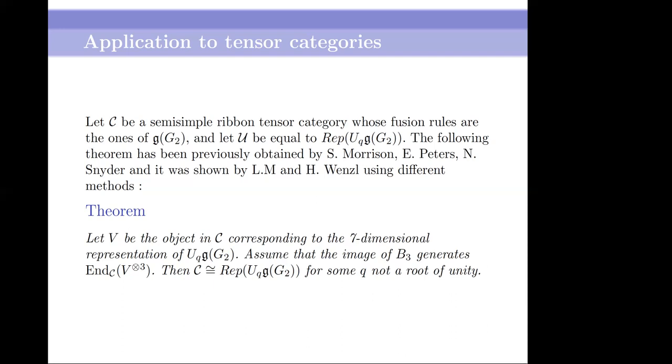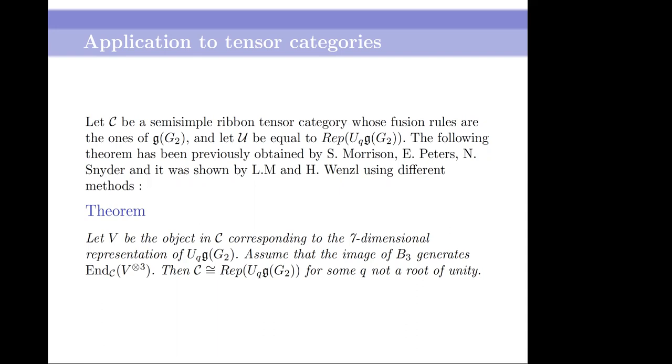I do not know this kind of work well, but I can see that the theorem says that if you have a category satisfying some property, then it must be equivalent to the representation category of the quantum group.